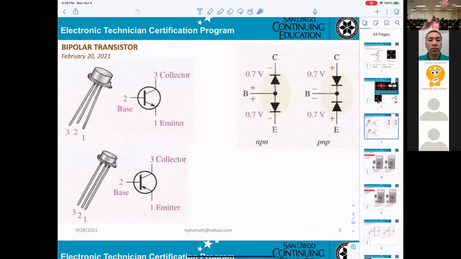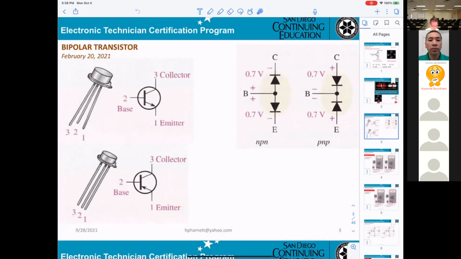Okay, thank you. Is it by the length that you're saying? Like 1 is the longest, 2 is the shortest, so that's the base. I don't care much about that. However, when I'm looking at the transistor, I can recognize which one is 1, 2 or 3 easily.